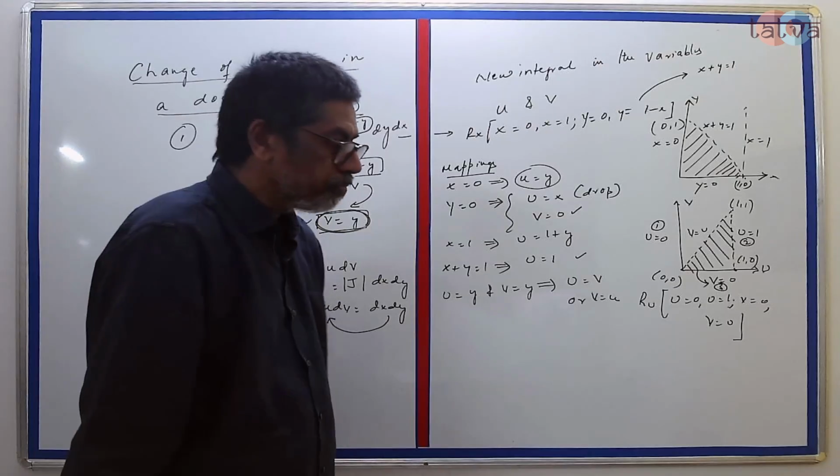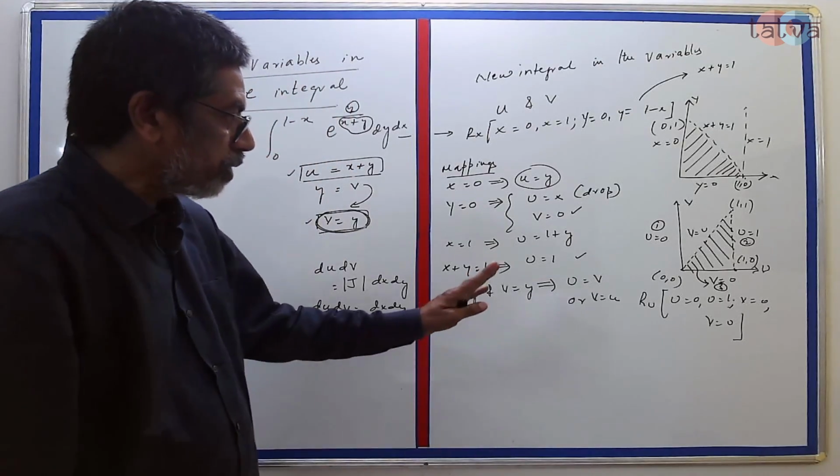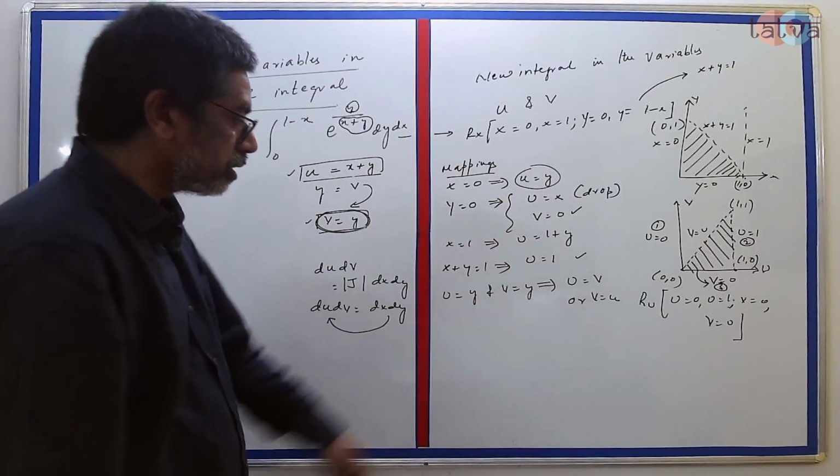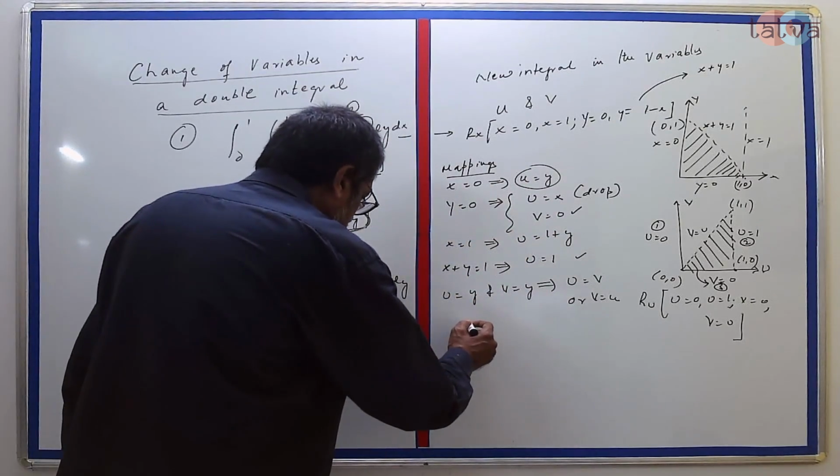So this will help us to transform this double integral into a new double integral. And when it transforms, how does it look like?